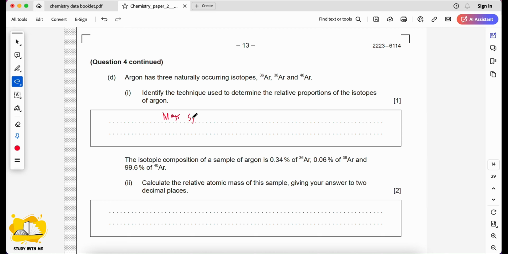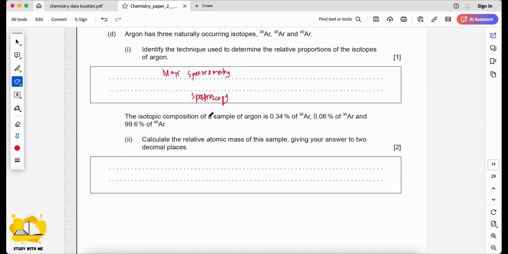Mass spectrometry, or you can also say mass spectroscopy. Okay? Mass spectrometry is used to identify and characterize chemical compounds based on the mass to charge ratio of their ions.